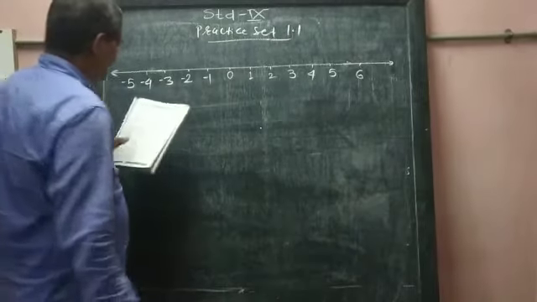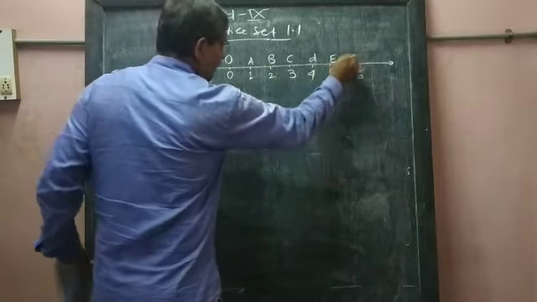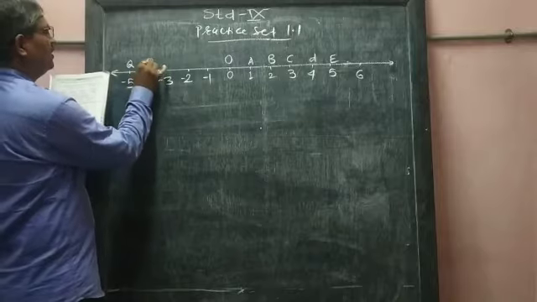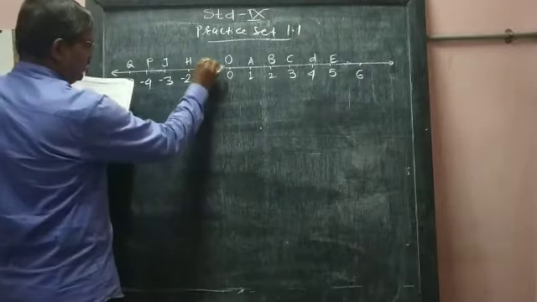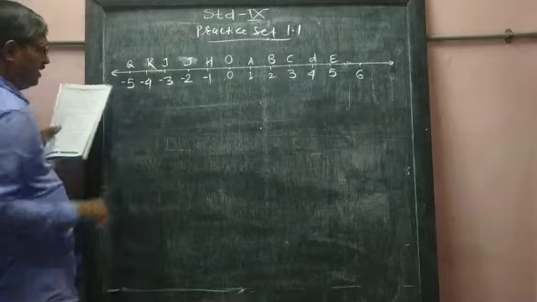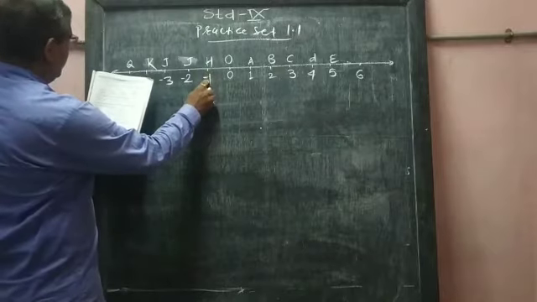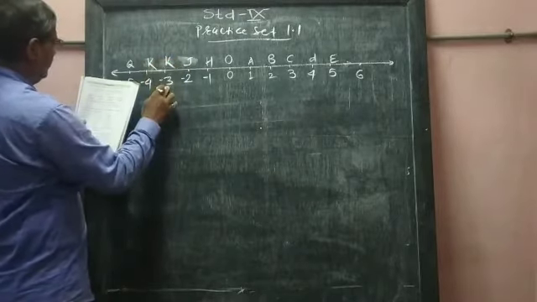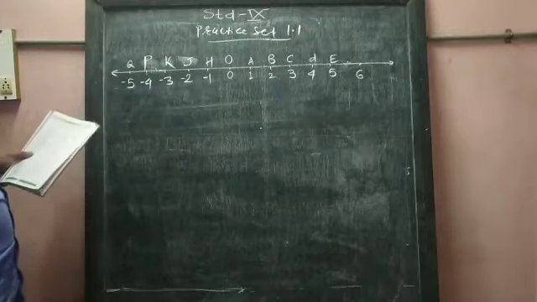On this number line, here it is 0, then A, B, C, D, E, and to this side Q, P, K, J, H. H is minus 1, J is minus 2, K is minus 3, P is minus 4, Q is minus 5.